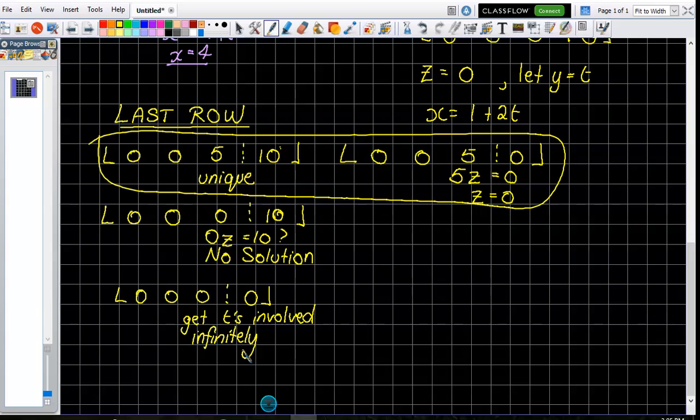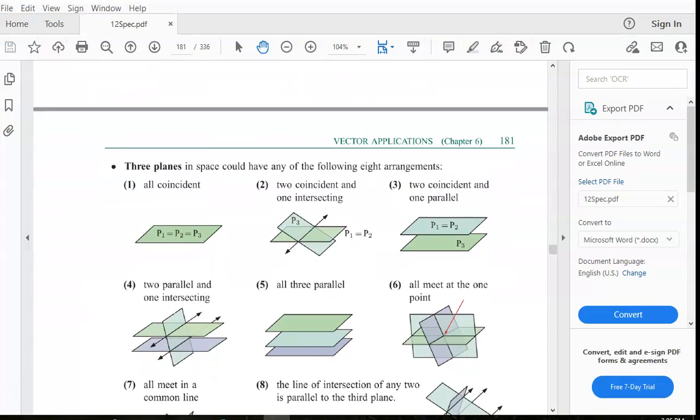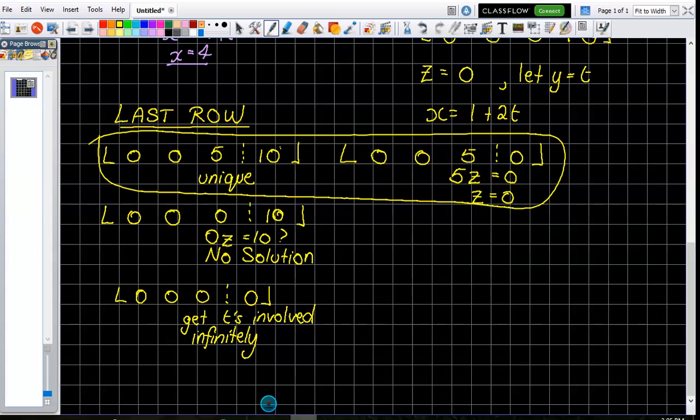And that's when we've got the possibility that the planes will meet at a line. If you were writing that down, we're talking about things like this. You can see there are infinitely many solutions that keep on going where they meet, not just in one unique spot. Make sense?